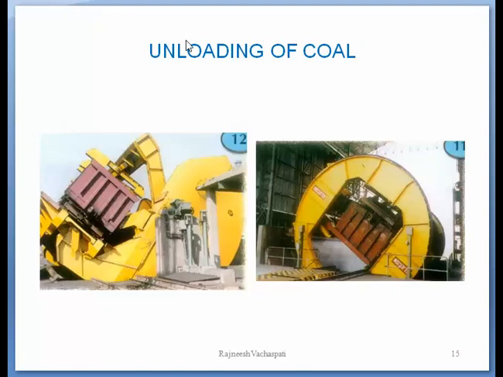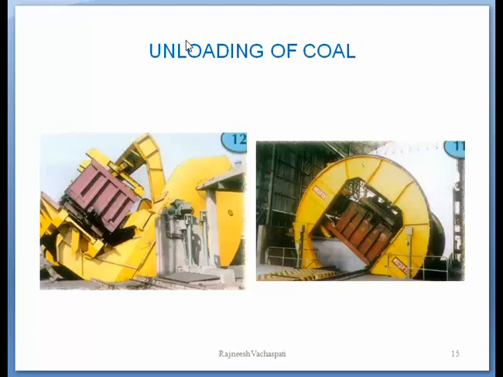As we had seen in the previous slide, a huge amount of coal per day is required, and this coal is transported through trains which have coal rakes, and each rake has a number of wagons.